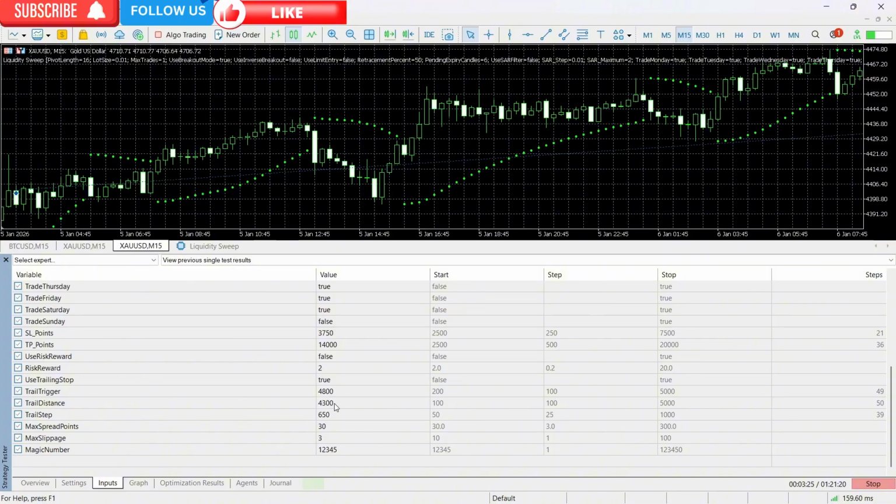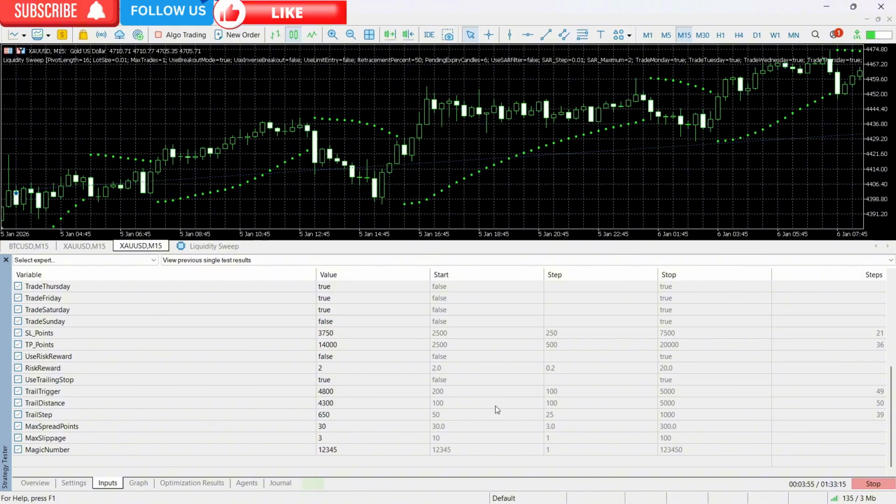What that'll do is it'll move the trailing stop up into profit, but it'll be 4,300 points away from the current price. Okay, so that'll move it just above break even to begin with, and then the trailing step, it'll trail the stop loss as price goes a further 650 points into profit. So as price moves 650 points more into profit, it'll trail 4,300 points behind price.